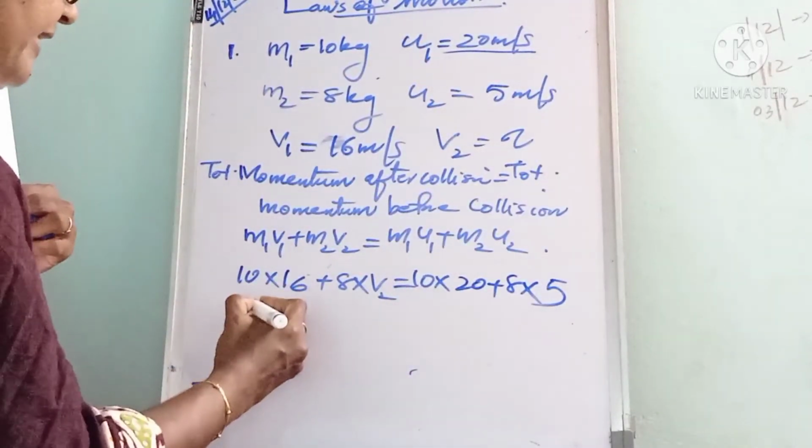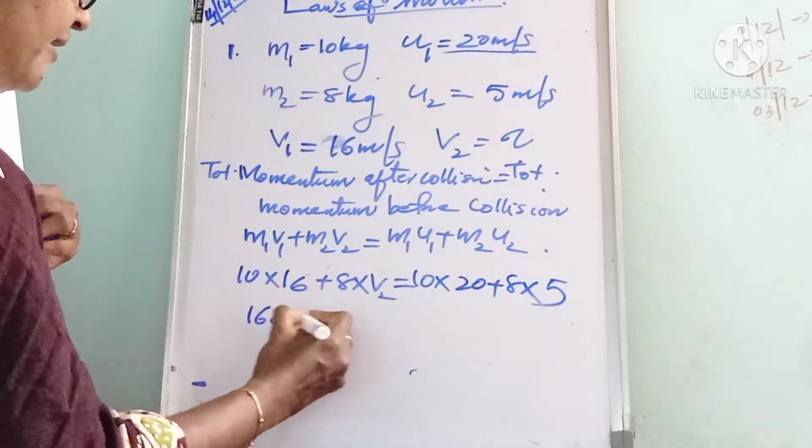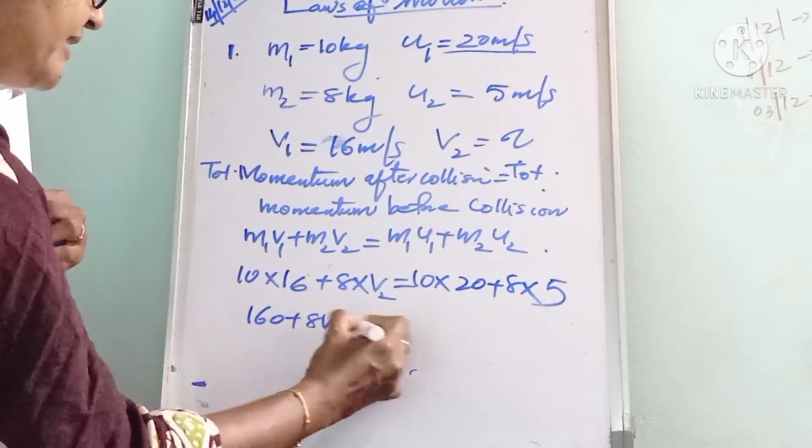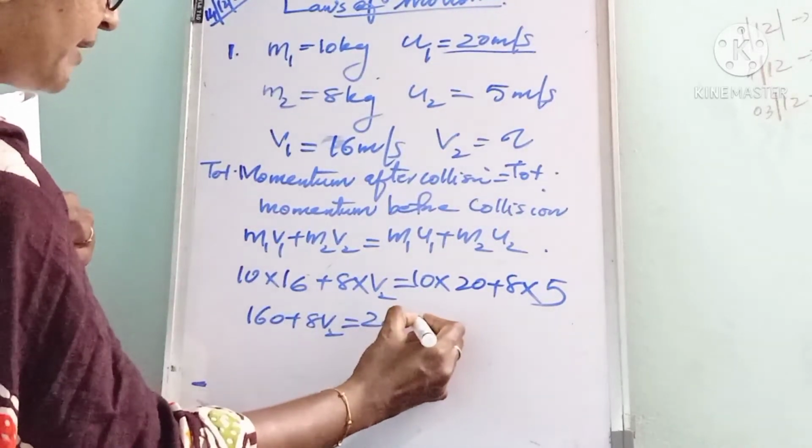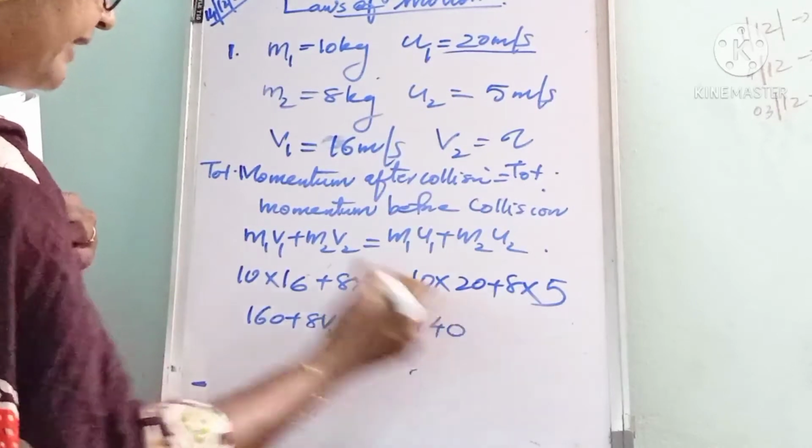Okay, here it is 10 into 16, actually 160, plus 8 v2, that is equal to 200 plus 40.